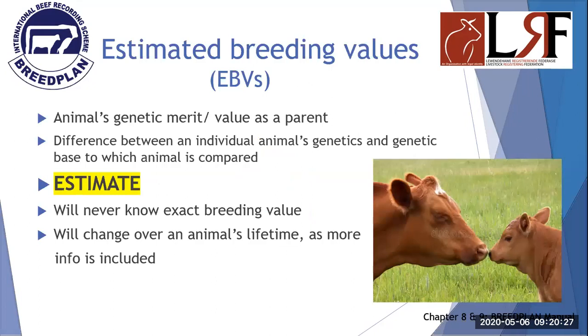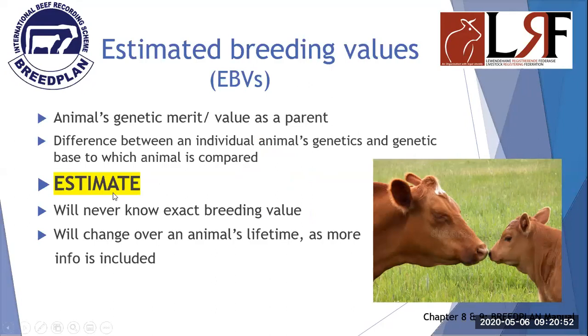So we want to see their estimated breeding values. So what is the estimated breeding value? It is an animal's genetic merit or value as a parent. So it tells you what the chances are that this specific bull is going to produce high weaner calves, etc.